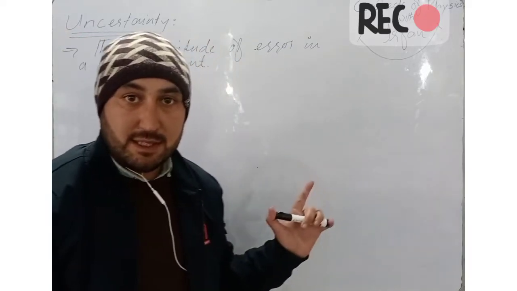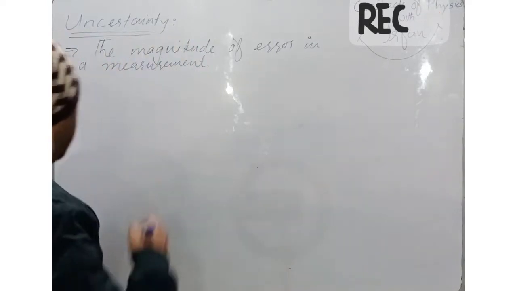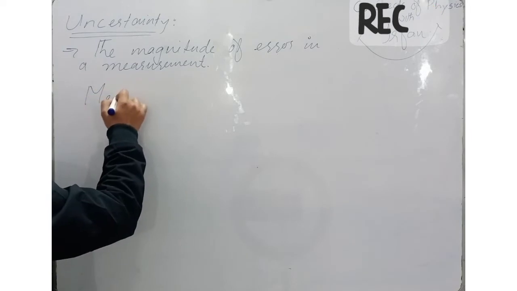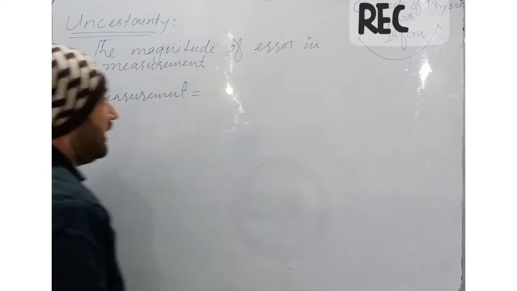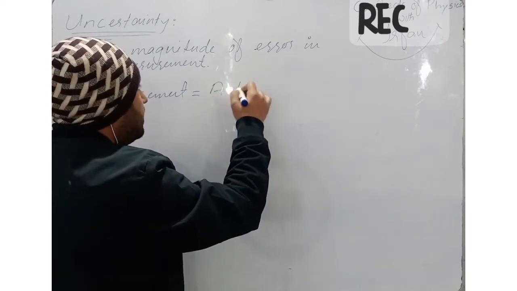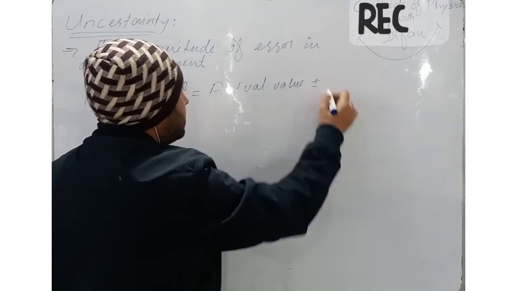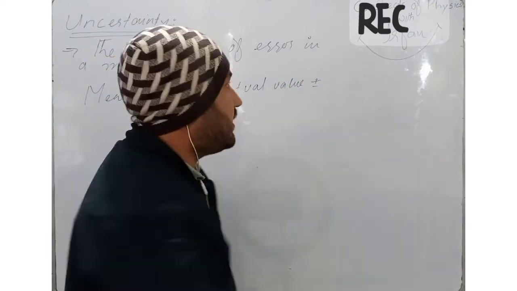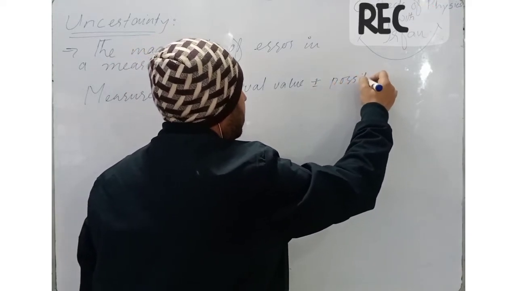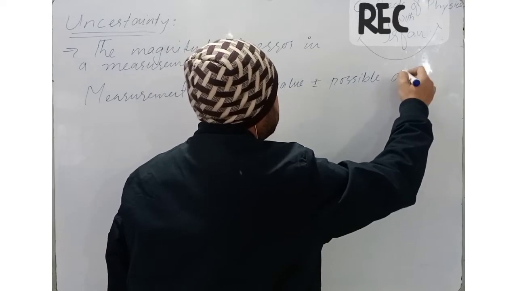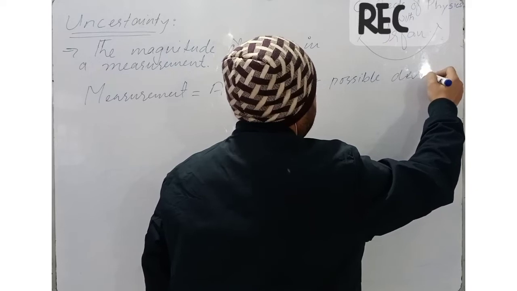Now, how are we going to represent any measurement? If we consider uncertainty, in order to completely represent a measurement, we will write the measurement as the actual value plus or minus some possible deviation.